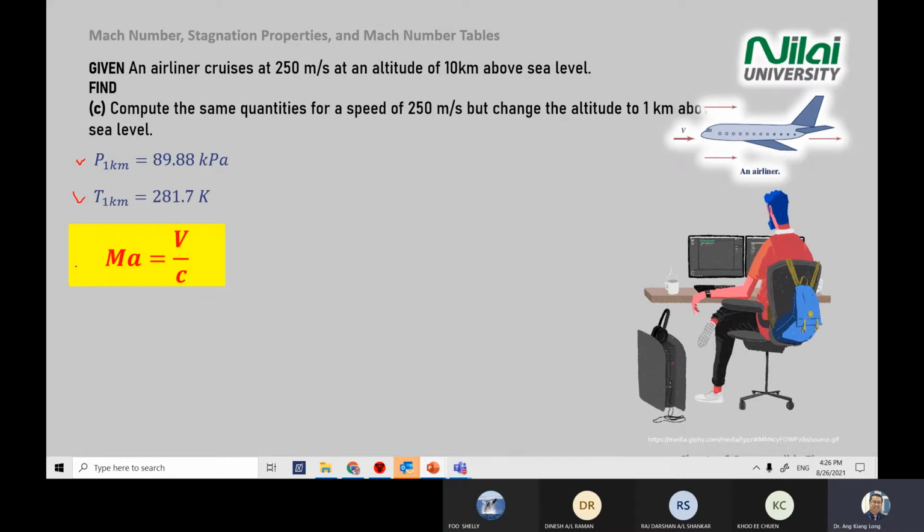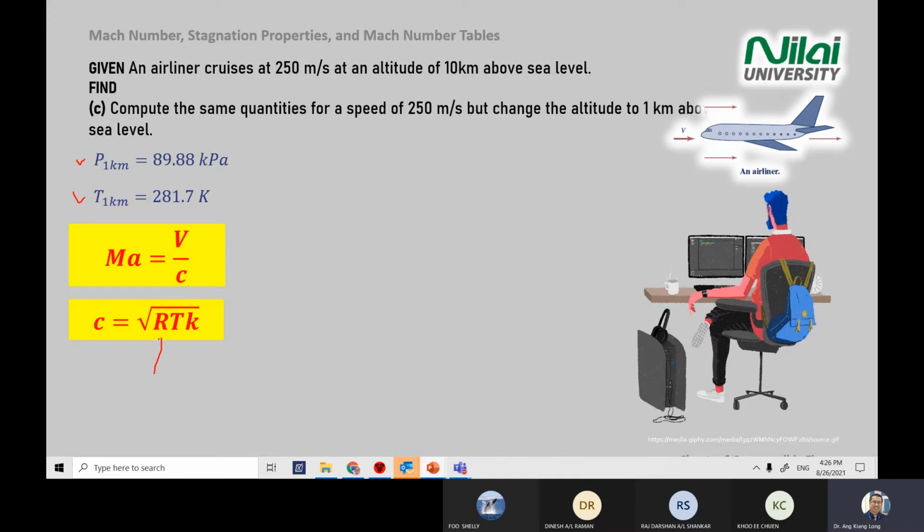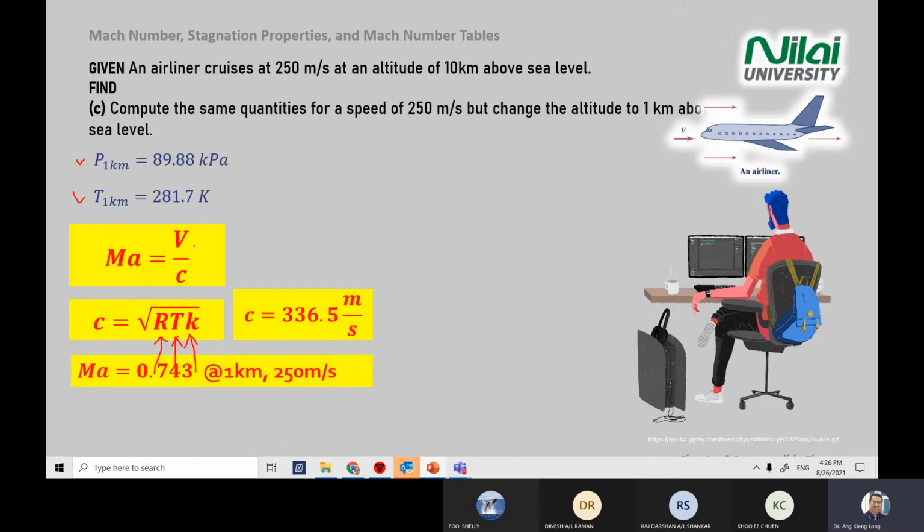Recall the formula for Mach number: velocity divided by the local speed of sound, where the local speed of sound is given by the square root of kRT. Now the temperature at 1 kilometer is different from the previous one, so the T value and the R value will be different. You substitute the values and get c equal to 336.5. You substitute the velocity 250 divided by 336, and you get 0.7 something.